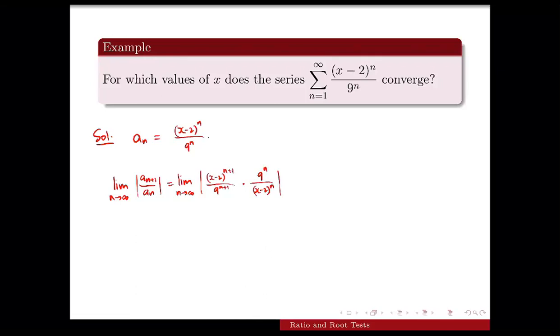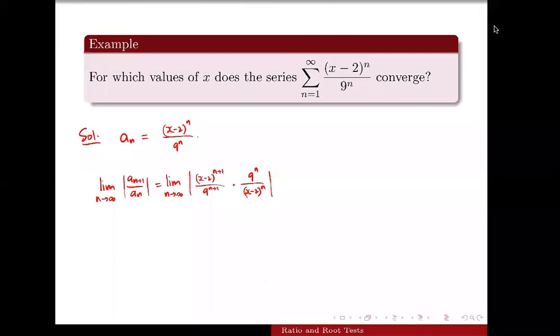And then, just like before, we combine this guy here and this guy here into a single fraction. Also this guy here. So we will have the limit as n approaches plus infinity. We still have that absolute value. The reason is you have a variable x.